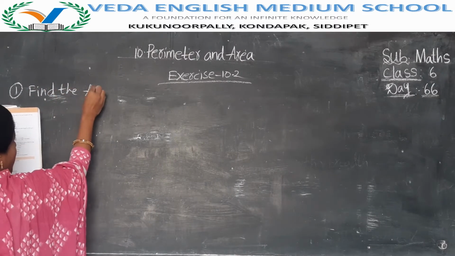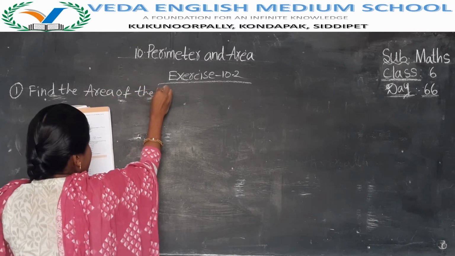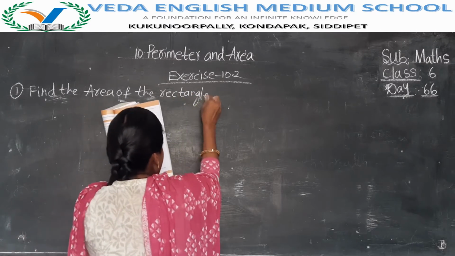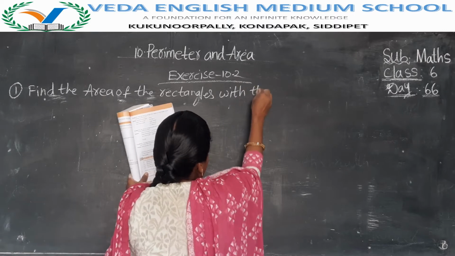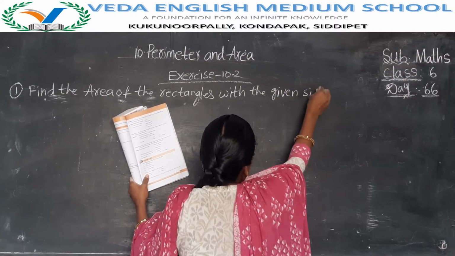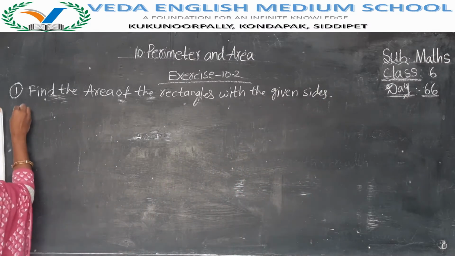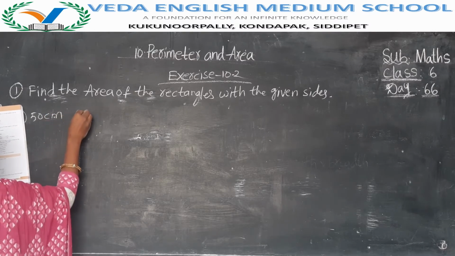Find the area of the rectangles with the given sides. By using these sides, we have to find both. Find the area of the rectangle. So first question, they have given 50 centimeters and 20 centimeters.